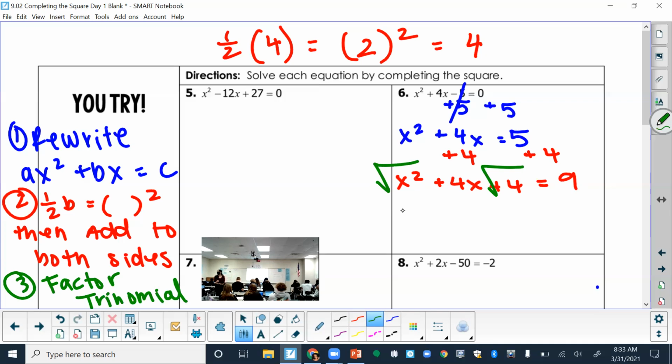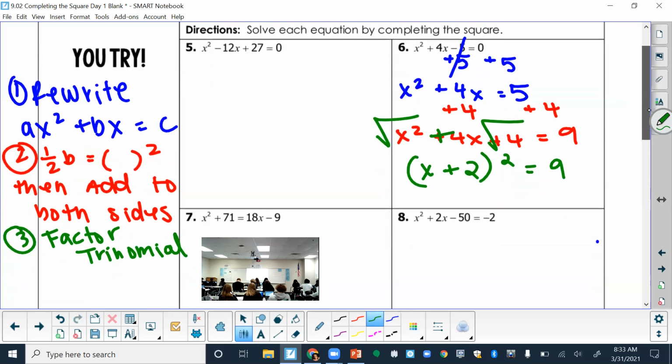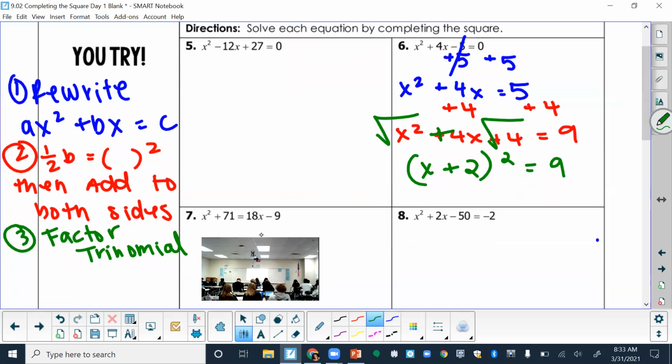What's the square root of 4? 2. So I get x and 2. What symbol goes in between them? The plus sign, because the middle term has a plus sign. So we factor the trinomial, bring down the 9, so it doesn't just go away. Questions so far?